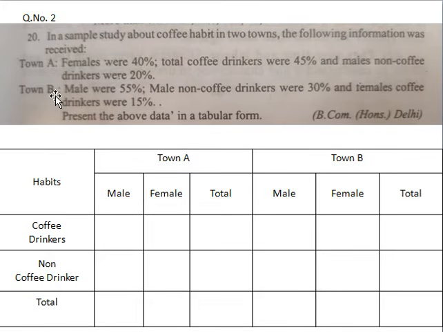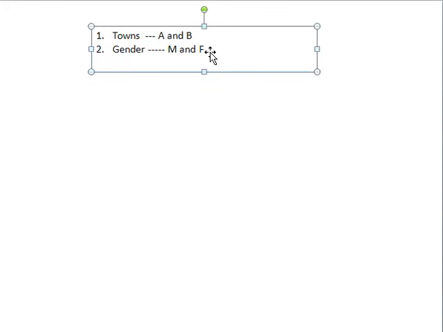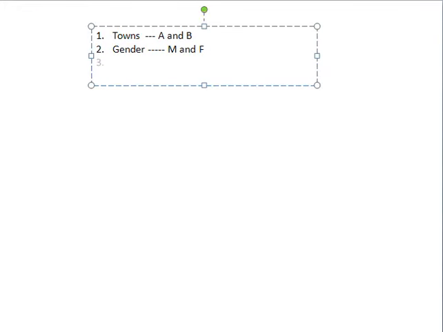Town B, male 55, male non-coffee drinkers 30%, and female. Coffee drinkers and non-coffee drinkers, two items, again. So habits. In the habits, right? Coffee drinkers and non-coffee drinkers.